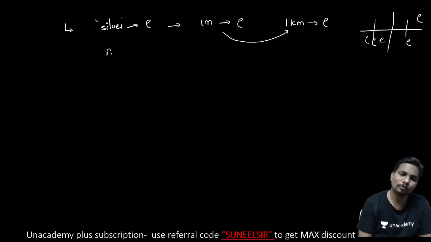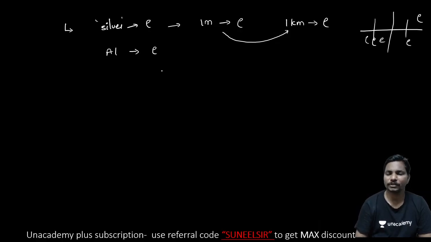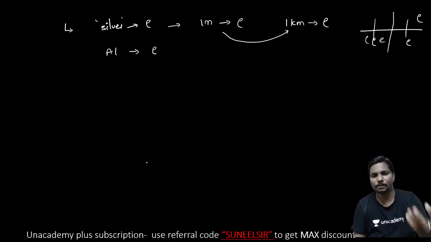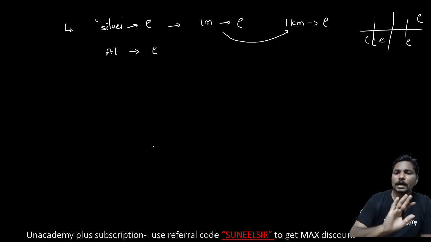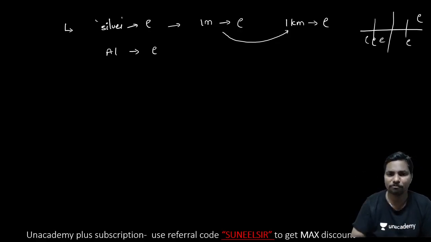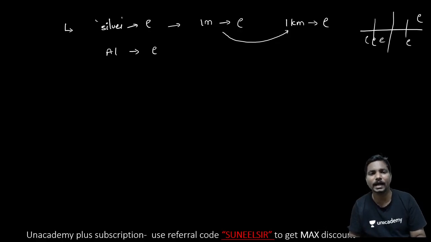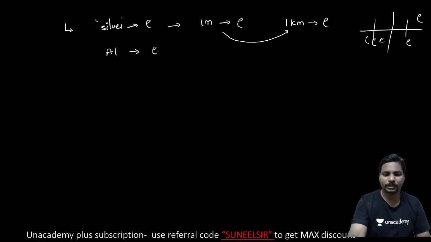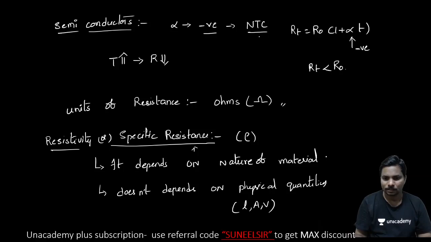If it is aluminum, it has a fixed value; if it is copper, it has some fixed value, like that. So it does not depend upon the physical quantities. It depends only on the nature of material or type of material, and also the temperature.